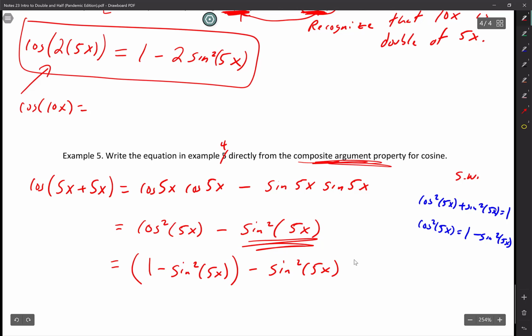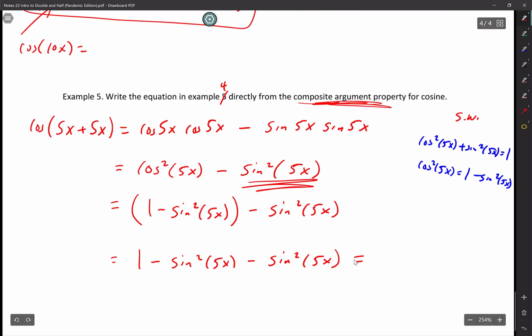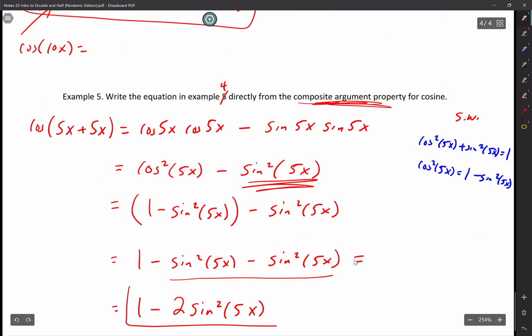And I'm going to slow down so you guys can catch up. Drop the parentheses. 1 minus sine squared of 5x minus sine squared of 5x. If you already got your answer, that's fine. I'm just trying to show all the steps. There are 2 of them right here. Combine like terms. 1 minus 2 sine squared of 5x. And there it is. The same answer that we got previously.